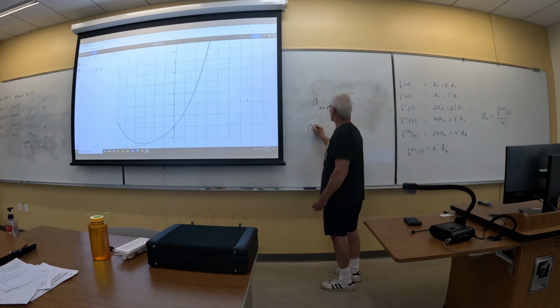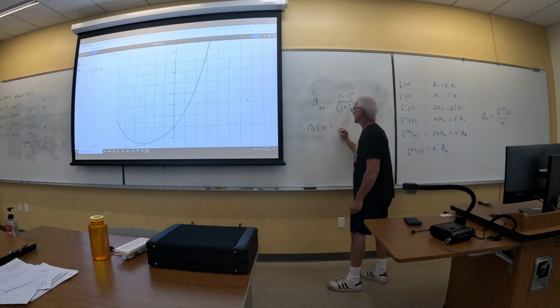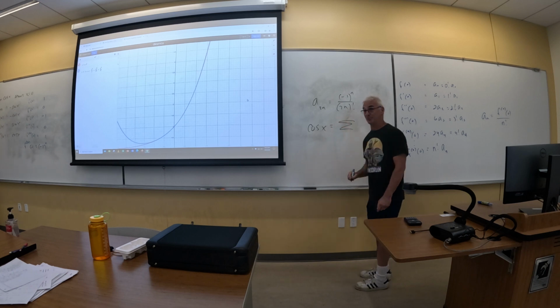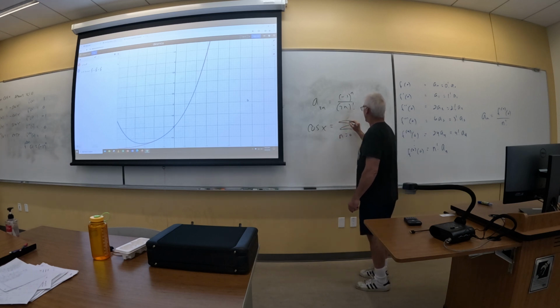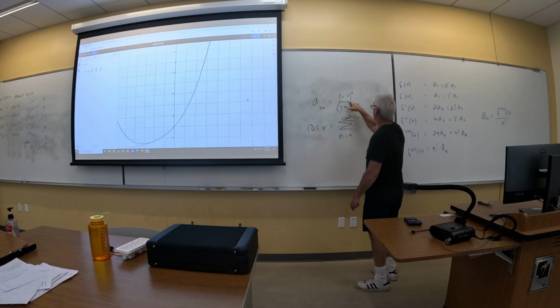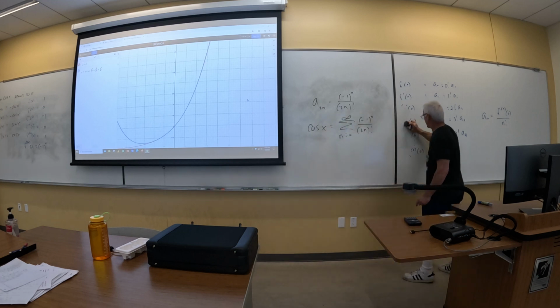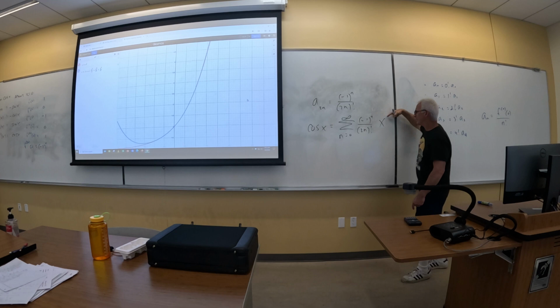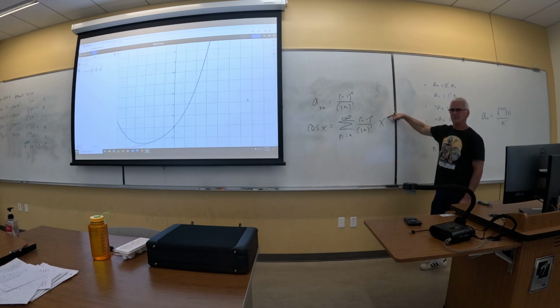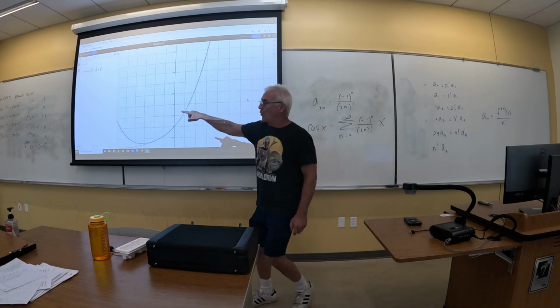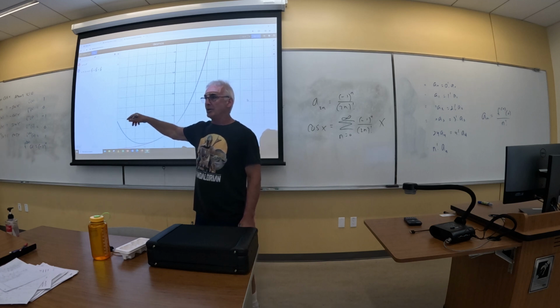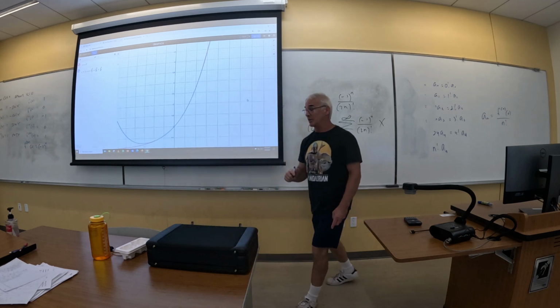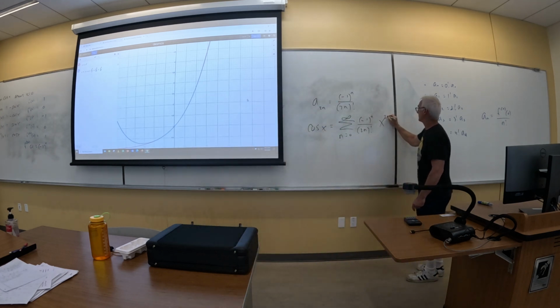That means I can now say with certainty that the power series for cosine is equal to the sum from n equals 0 to infinity of this. Since we're only doing evens, there are no odds, therefore there are no odd exponents, so it will still be x to the 2n.